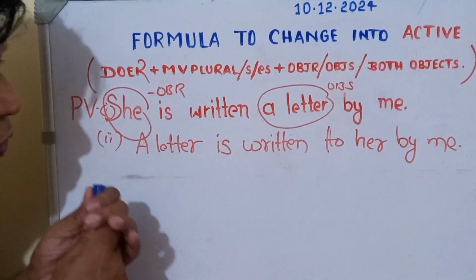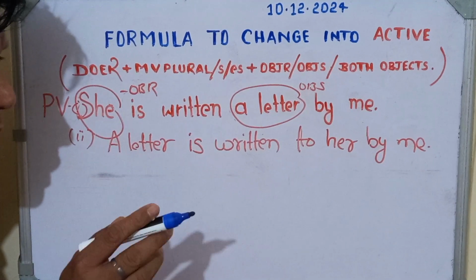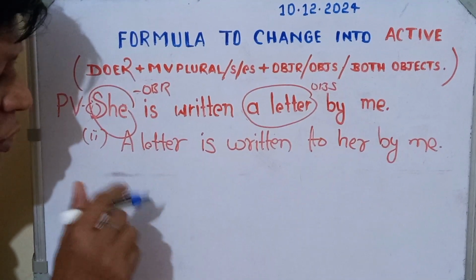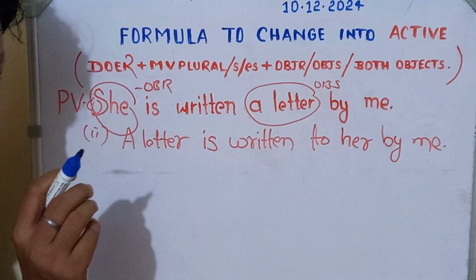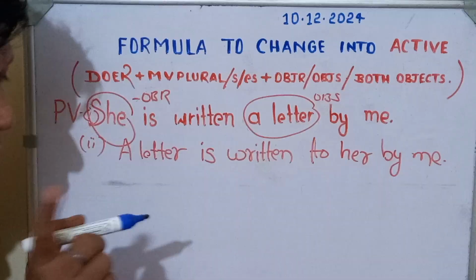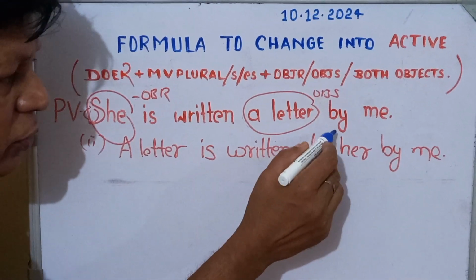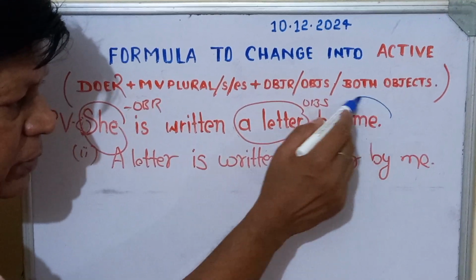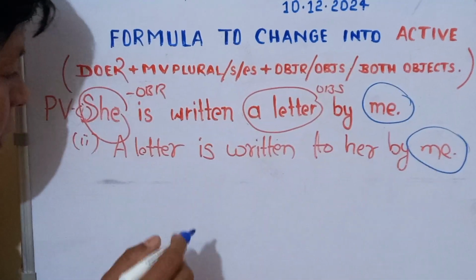First we have to see what is the doer here. As we know, the word after by is a doer. So here by, and after this the word is me. Here is also me.